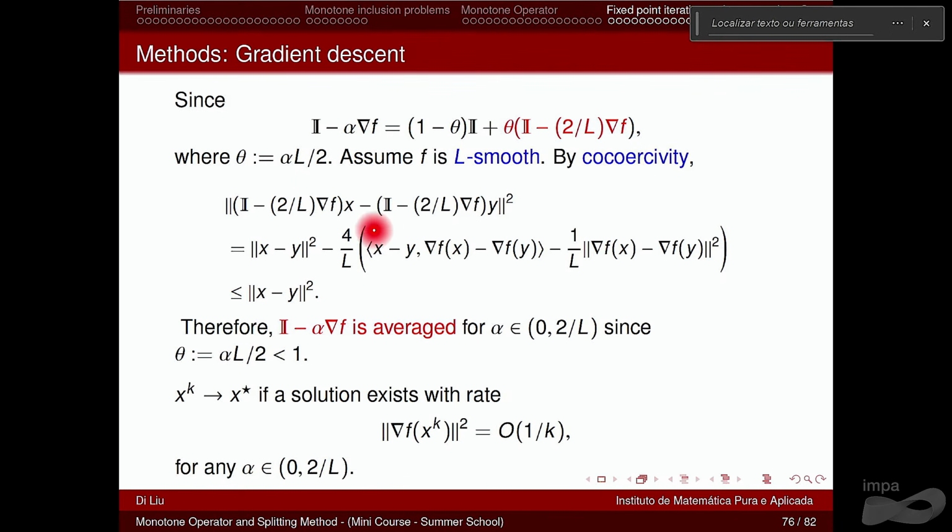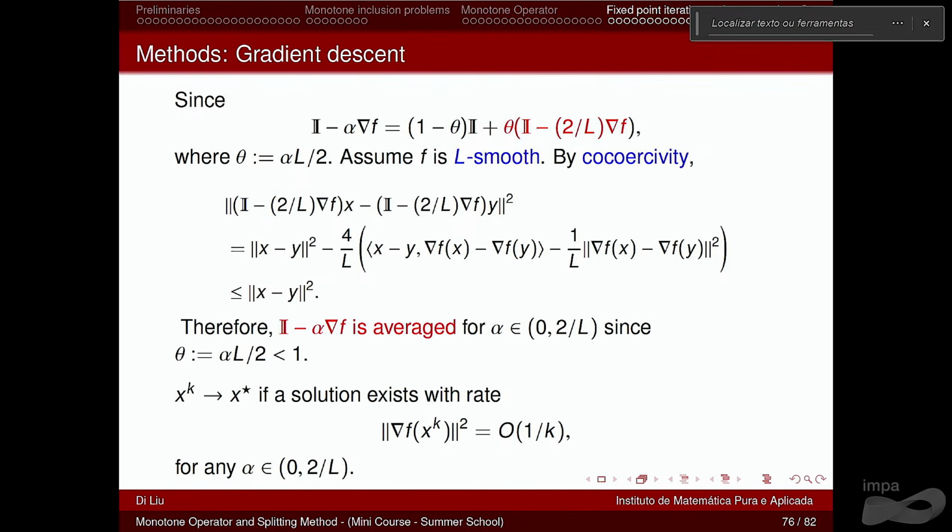So by coerciveness, first we expand this square term. We have first ||x - y||squared, and we have these terms here.